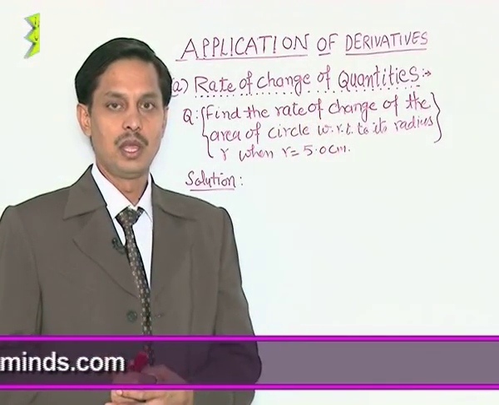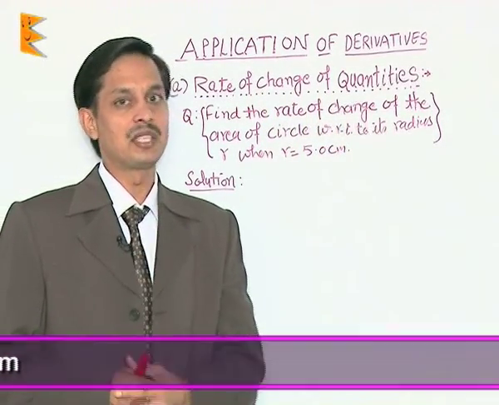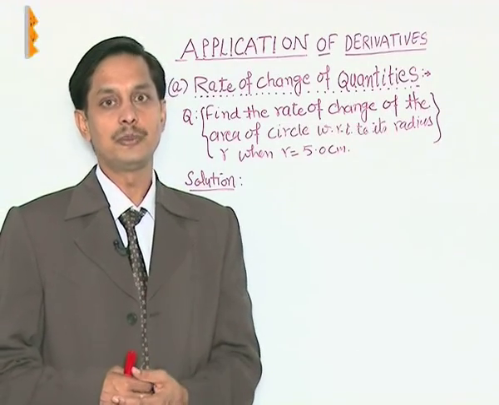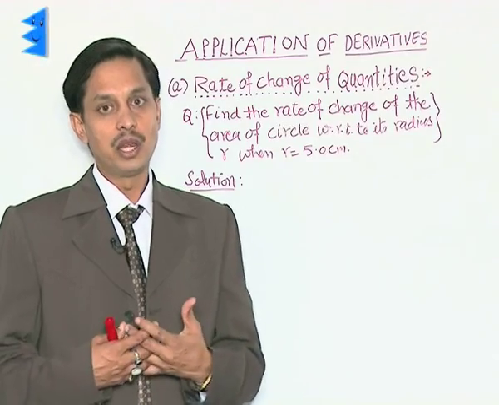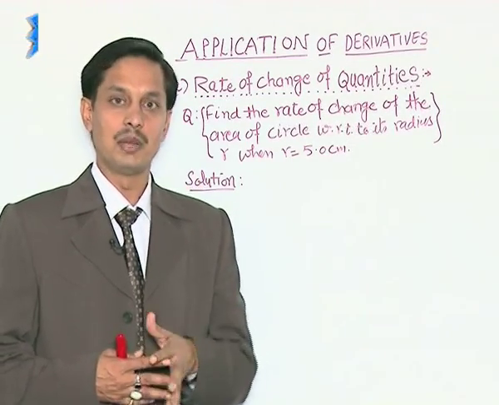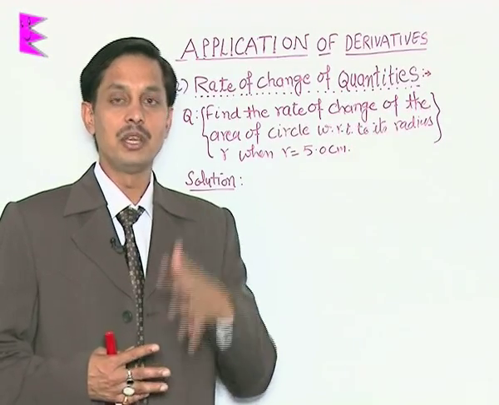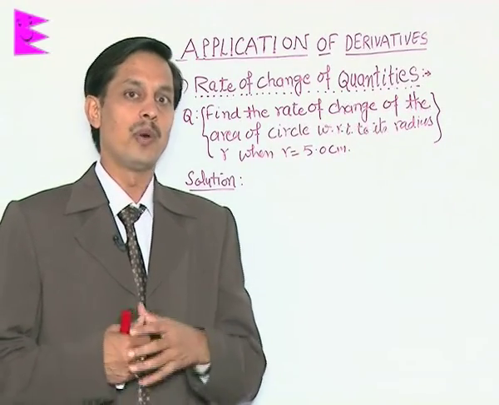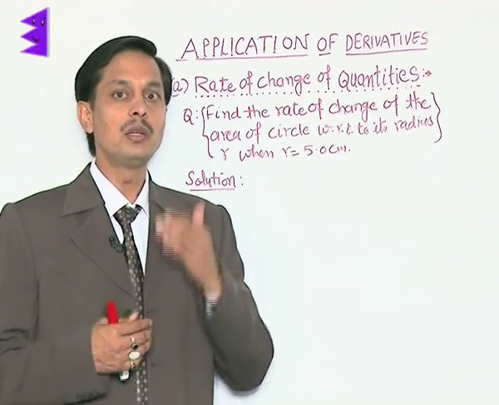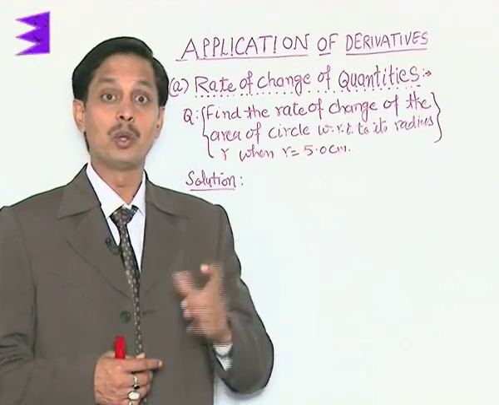quantities. With the simplest example, if I introduce what is meant by rate of change: if any train is moving, any car is driven by the driver, any person is on a walk, we find that our position keeps changing with respect to what?